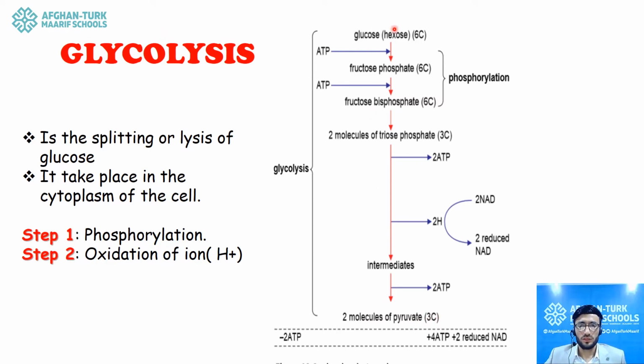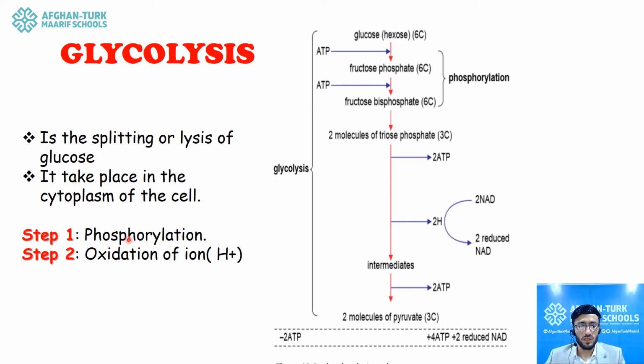In order to have another step in cellular respiration, it is really necessary that glucose be split into different parts. In order to split the glucose and convert it into a usable form of energy that should enter the next step of cellular respiration, we should take these 2 steps.